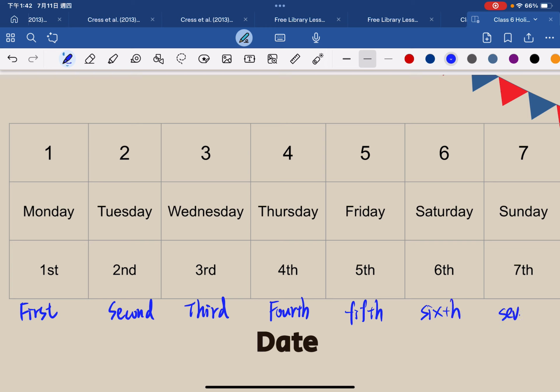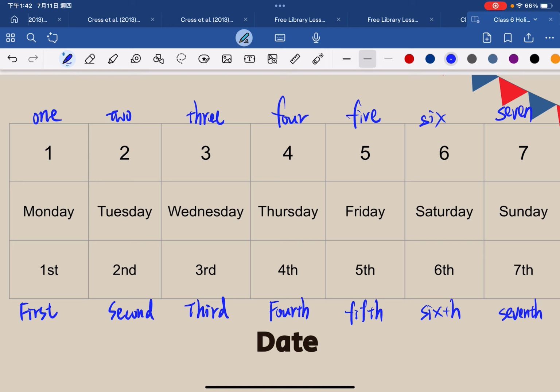See, we have a different way to write it. We have 1, 2, 3, 4, 5, 6, 7 up here. So if you are counting, it is going to be different.